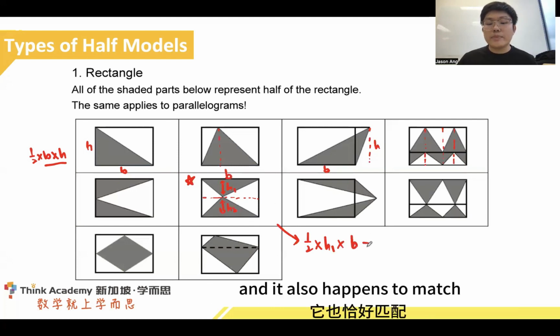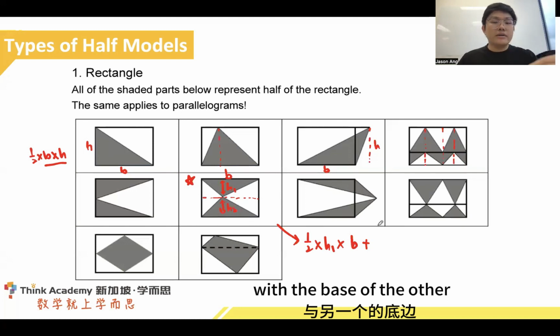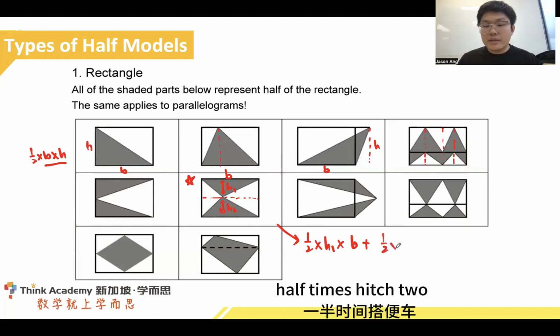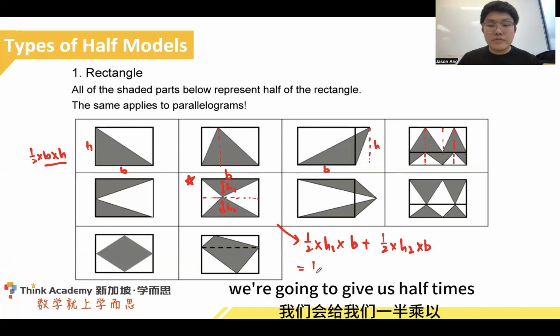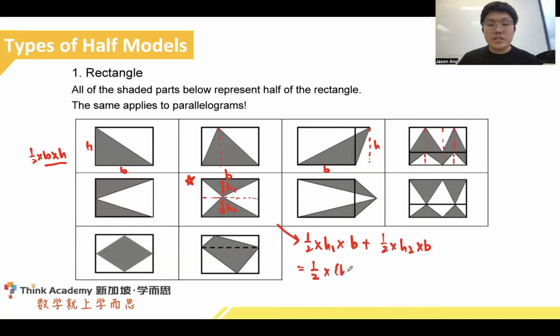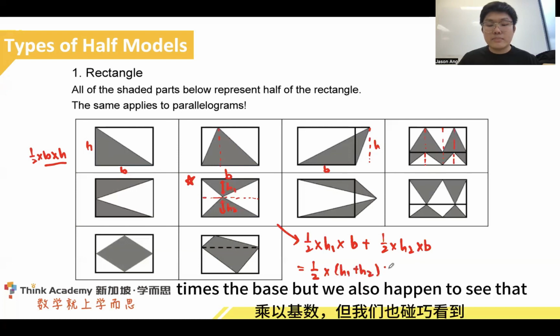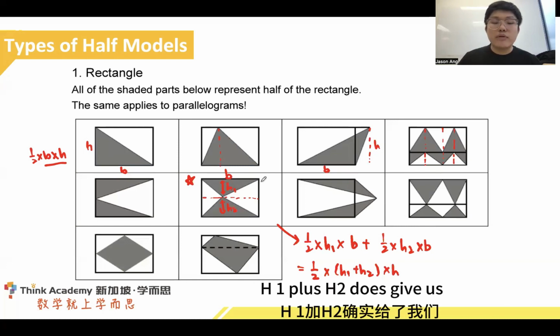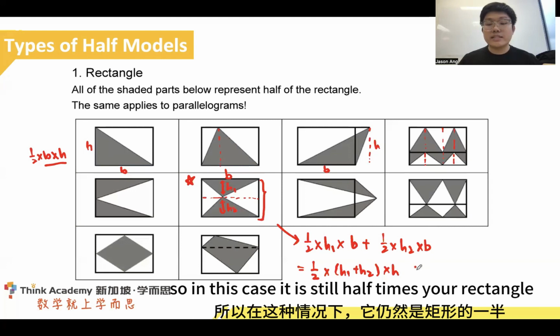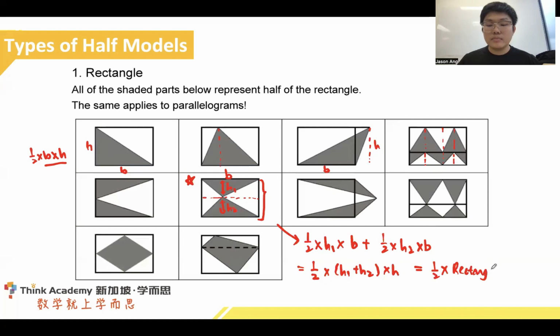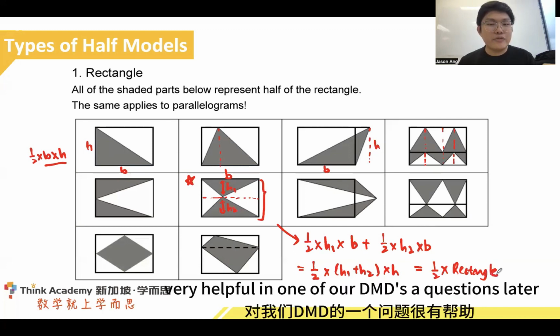And it also happens to match with the base of the other triangle at the bottom, half times H2 times the base. We combine them together, and that gives us half times H1 plus H2 times the base. But we also happen to see that H1 plus H2 gives us the height of the rectangle. So in this case, it is still half times your rectangle. And like I said again, very helpful in one of our DMD questions later.